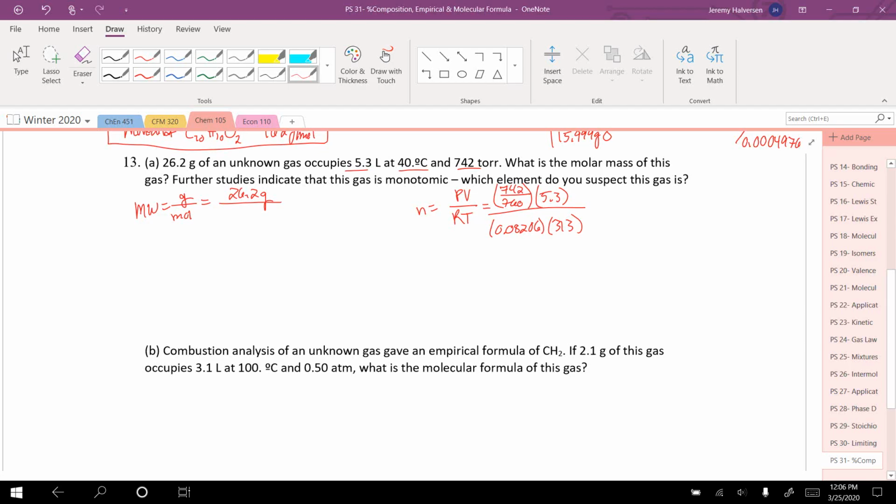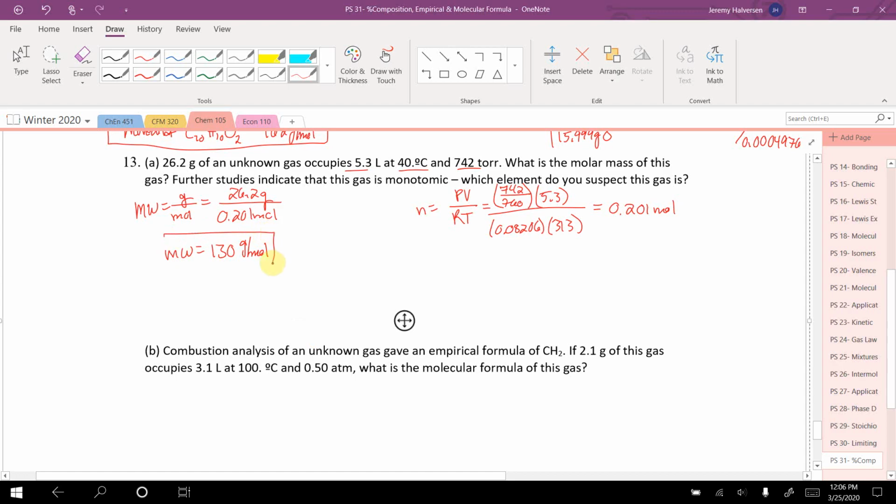And that gave me 0.201 moles. Means my molecular weight is going to be 26.2 divided by the number of moles, molecular weight of 130.